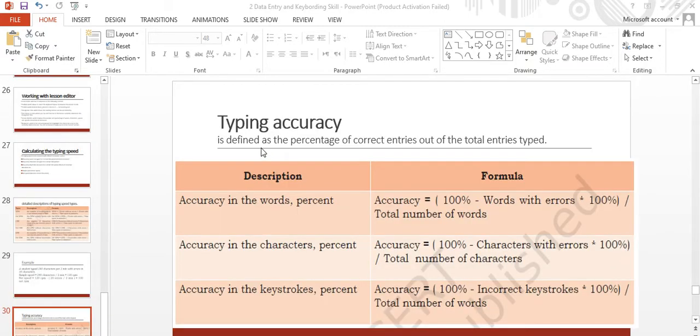Now, typing accuracy is defined as the percentage of correct entries out of the total entries typed. There is a formula for that.